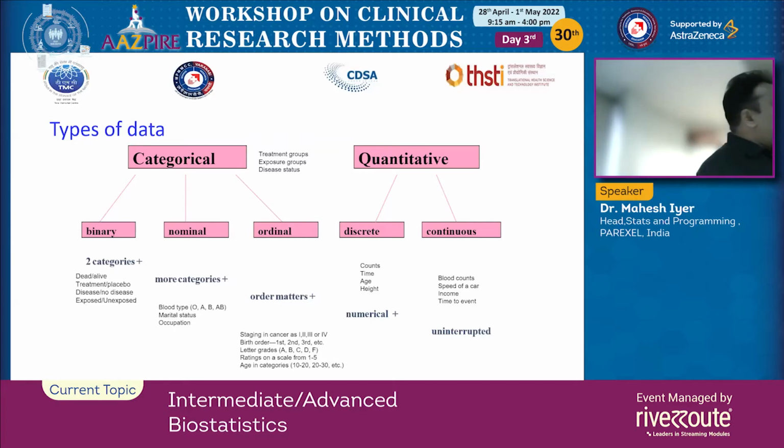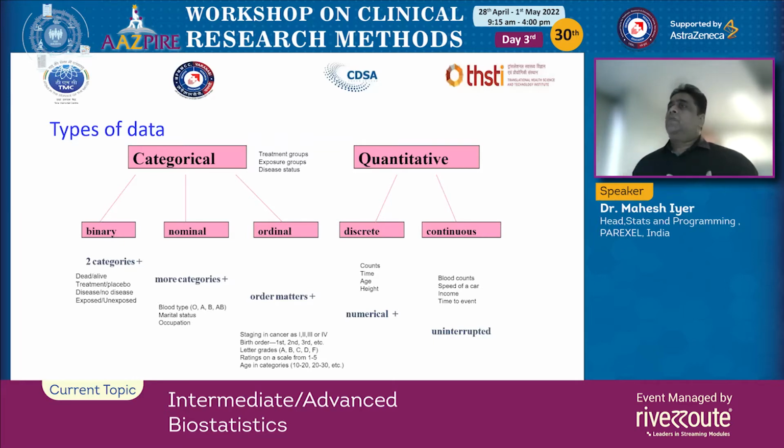Then in quantitative, you have discrete and continuous. So what is discrete? What is continuous? Really tough question, I know, it's so hard. For example, if you think about age, they are whole numbers, but are they really discrete? Not really. You don't think of them as discrete; you think of them as continuous, even though they're all whole numbers.